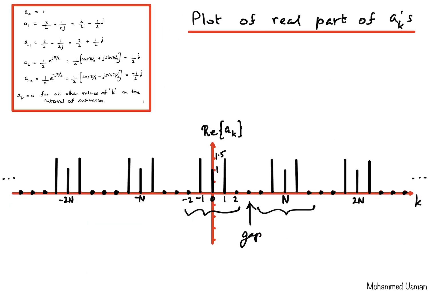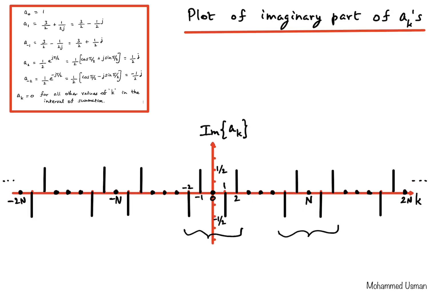If you look at the plot for the real part, what we have at plus 1, we have at minus 1, right? So the plot has even symmetry. What is on the right hand side of this plot is a mirror image of the left hand side, and vice versa.